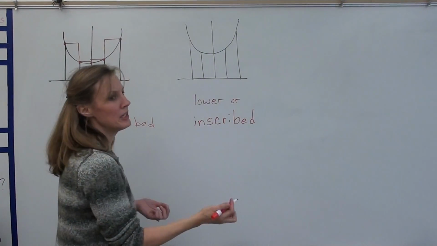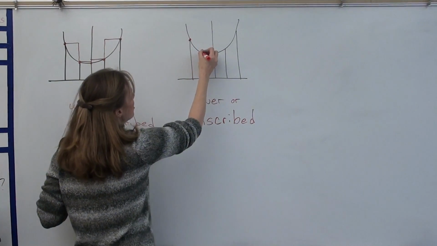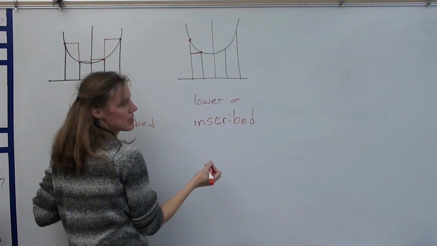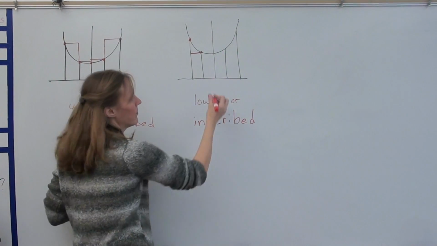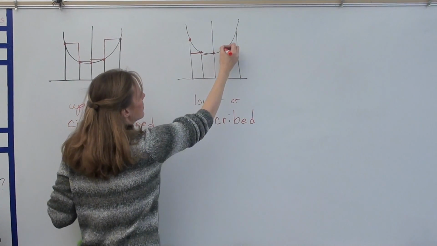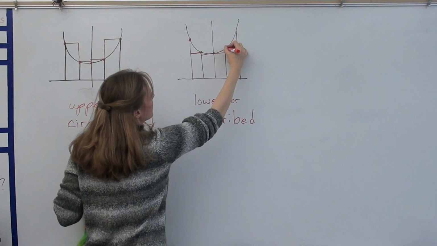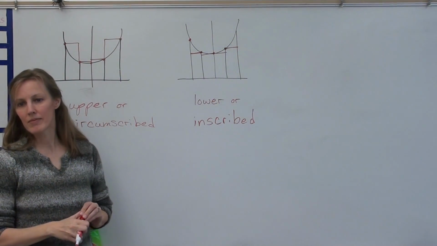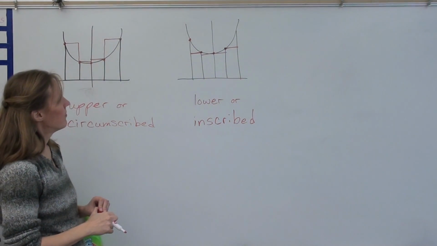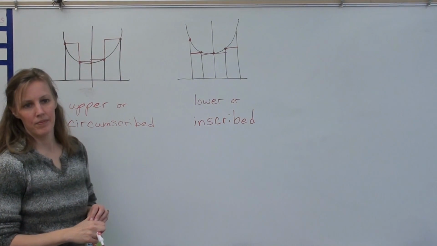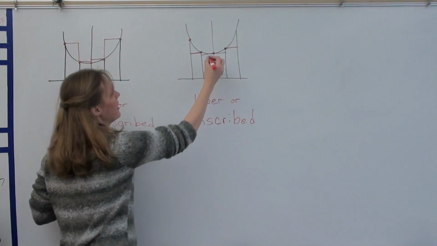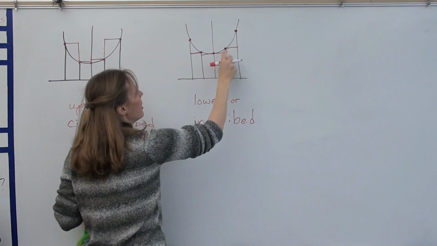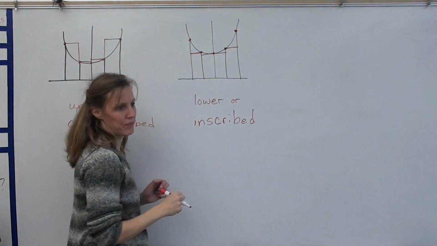So for lower or inscribed rectangles, you take the two heights on each side of the rectangle, and the lower one determines the height of your rectangle. And you go to the last. Like that. Alright, so for each one, you have these y values where the sides hit the graph. The lower one gives you the height of your rectangle.